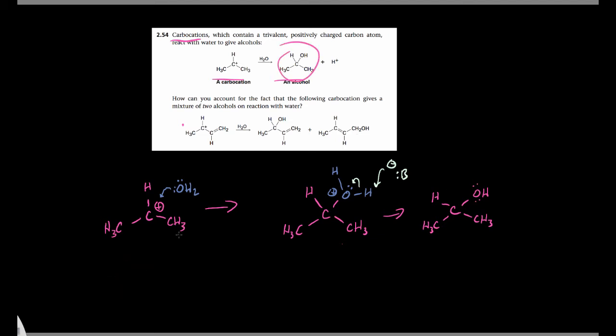Okay, that is the compound that we're looking at here in the first part. Now the second part says that there are two different alcohols being produced, and notice that we're starting with this compound here, CH2, that has a double bond next to the carbocation. So here's the carbocation, there's a double bond.